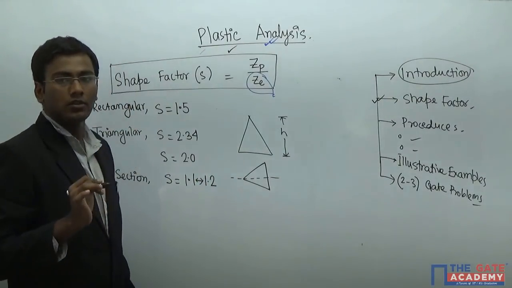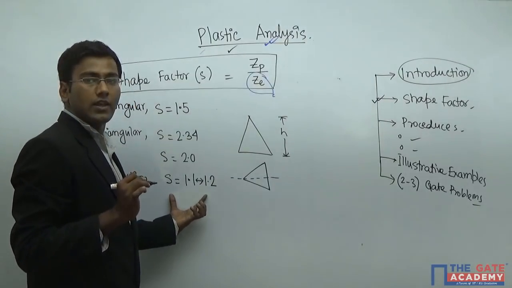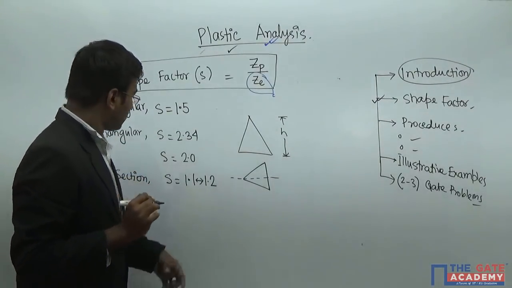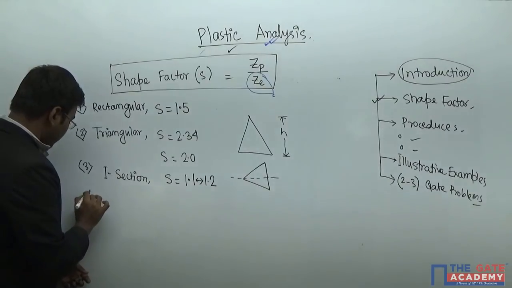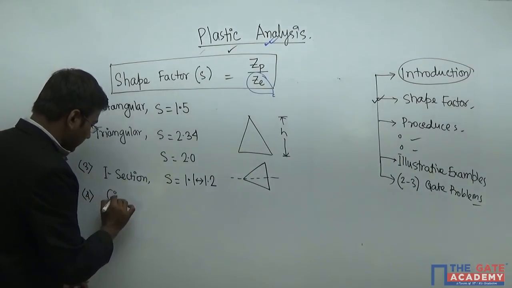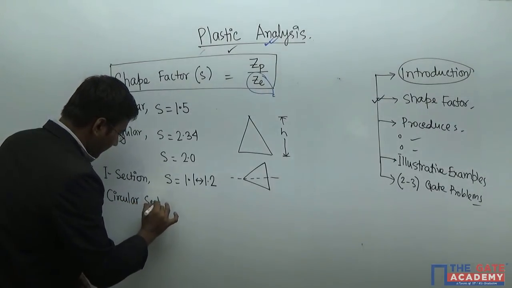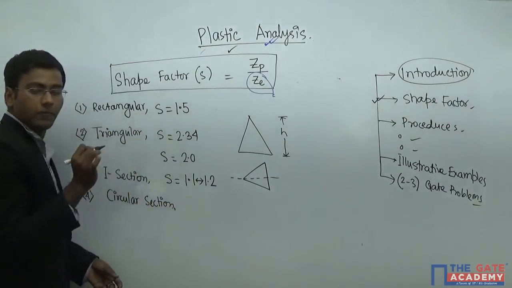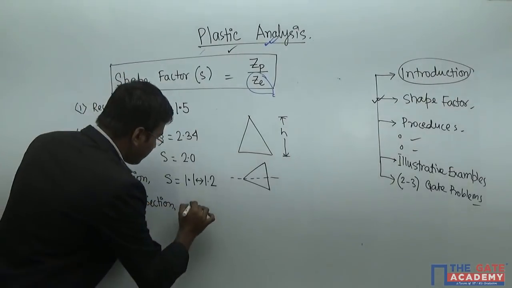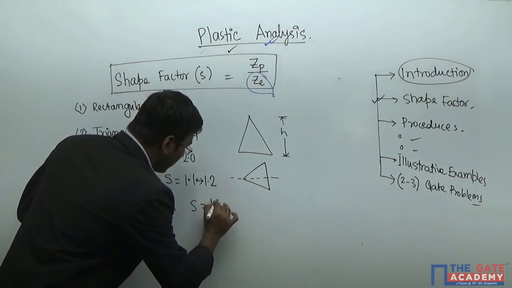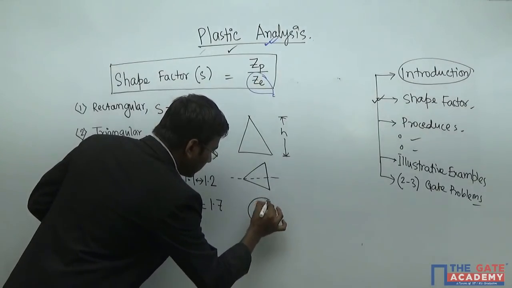You can also find this in your IS 800 2007. Number 4 is circular section. For circular section, it will be simply S equal to 1.7.